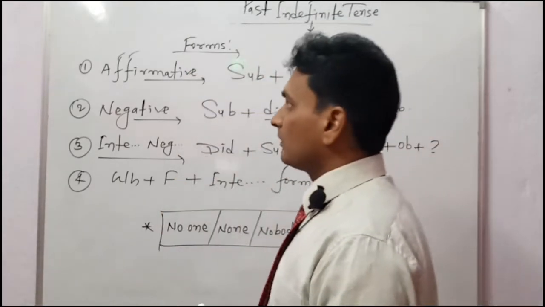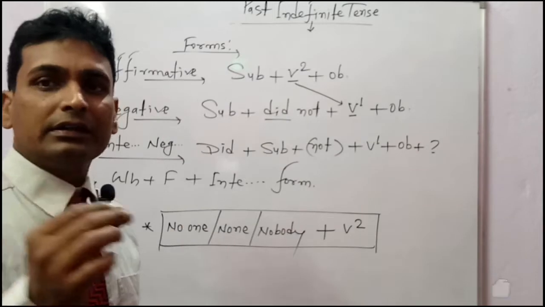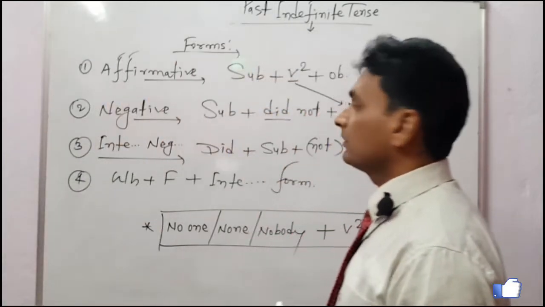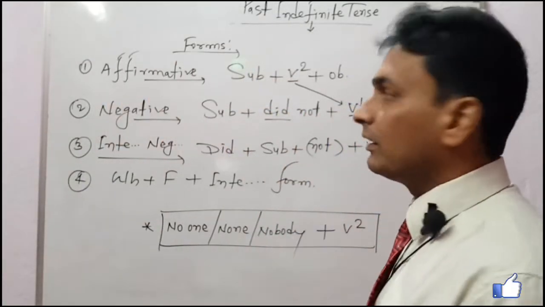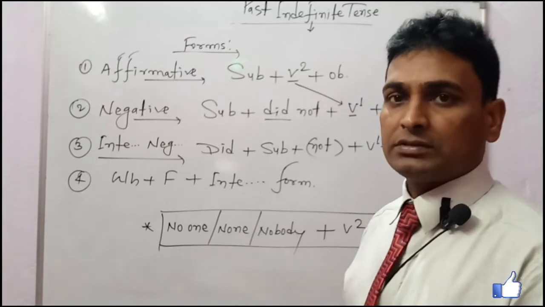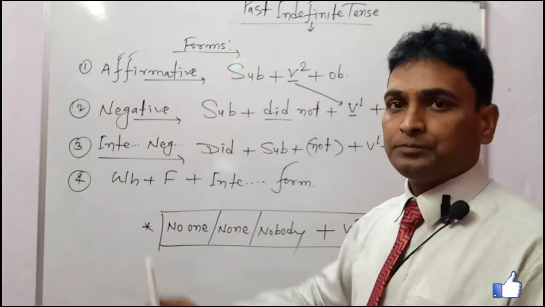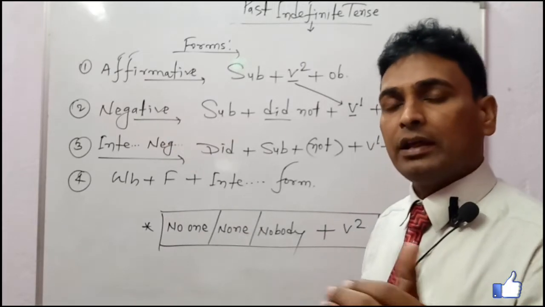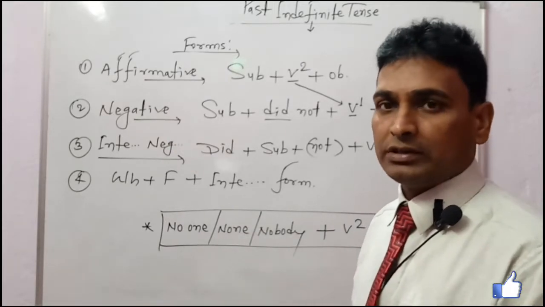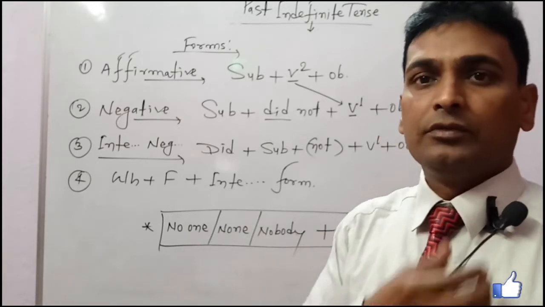Now let's see some of its important recognitions, with the help of that, we will be able to just recognize a simple past tense, right? I am just going to write some recognitions on the board, it will help you a lot. That's why I am just going to write to make you understand only, right?